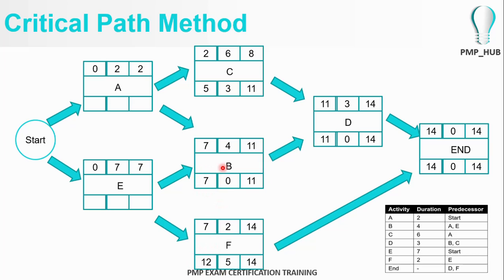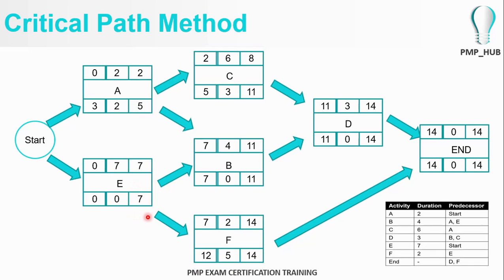Since B and F are waiting for the output of E, and B's latest start time is 7 days, then the latest finish time of E should be 7 days, because B is waiting for E. Only if this completes by the 7th day can B start. So the latest finish time of E would be day number 7.